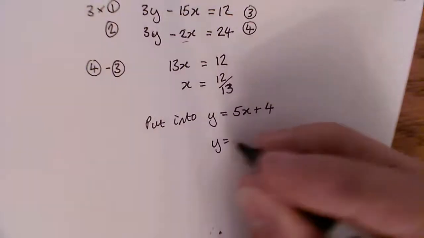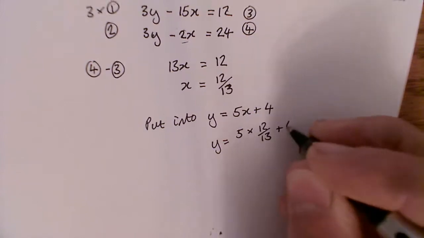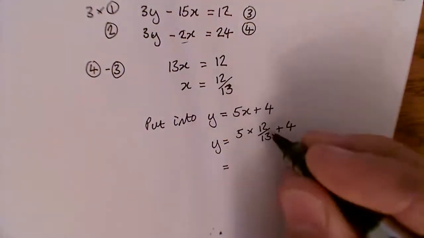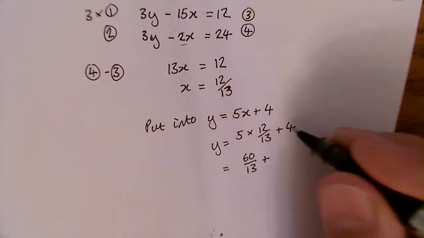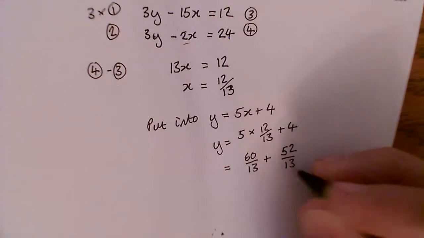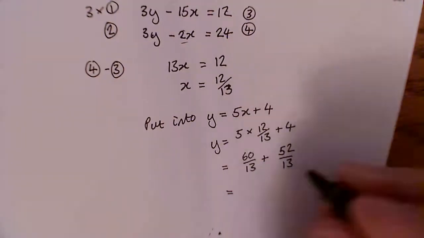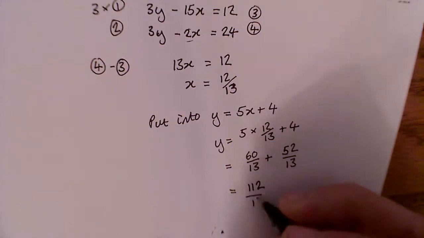So y equals 5 times 12 over 13 plus 4. 5 12s are 60 over 13. 4 13s are 52 over 13. Adding these two together, we end up with 112 over 13.